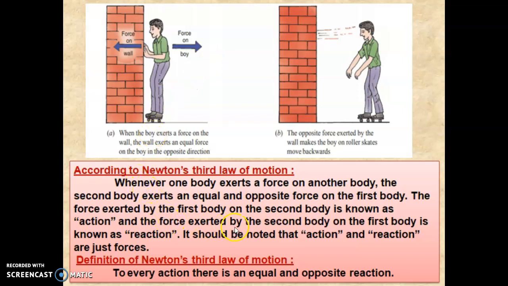So the force exerted by the second body on the first body is known as the reaction. It should be noted that action and reaction are just two forces. Now the definition of Newton's third law of motion: to every action there is an equal and opposite reaction.